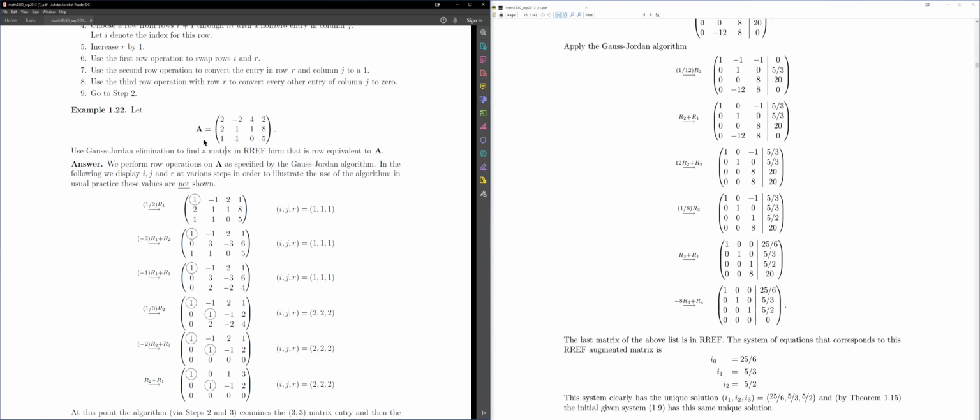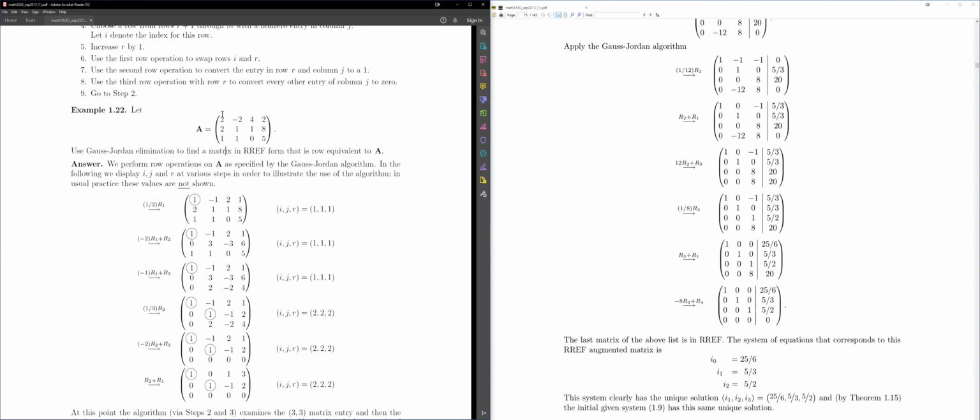I have this matrix and I want to apply Gauss-Jordan. So the first thing is, you start with your first column, and in the first column, you want to make sure that this top entry is non-zero.